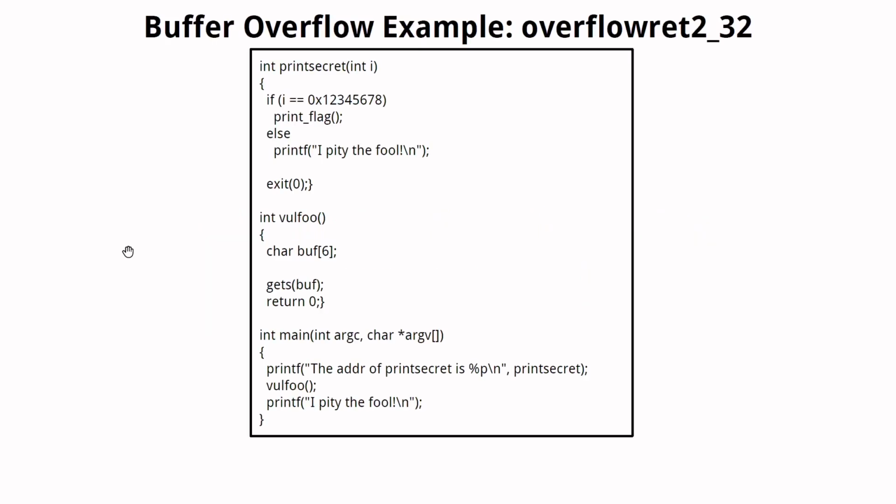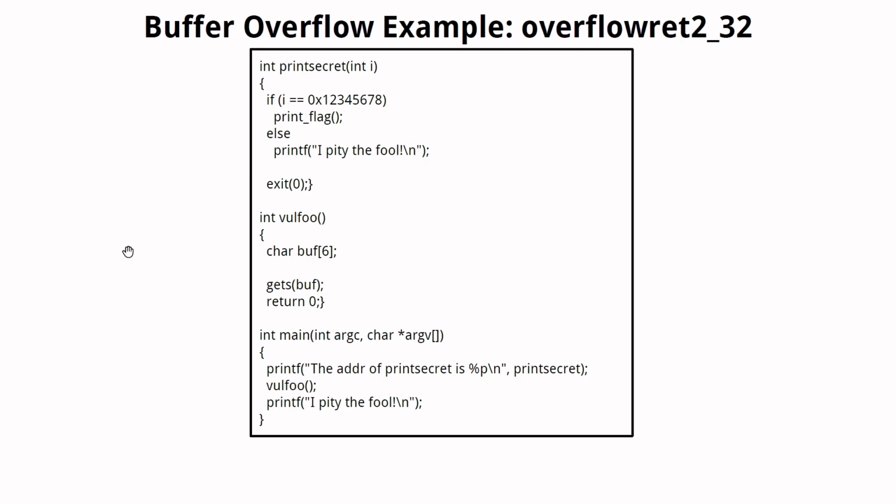So can we jump to a function that takes parameters? So that is basically overflow return to. And there are many different ways we can solve this challenge, actually. We are going to look at two ways.